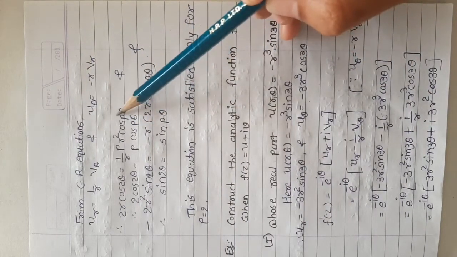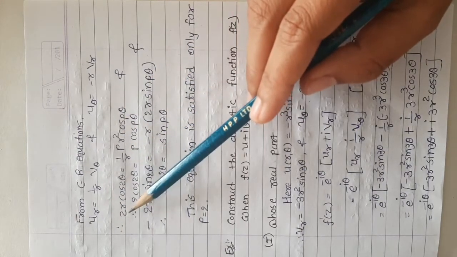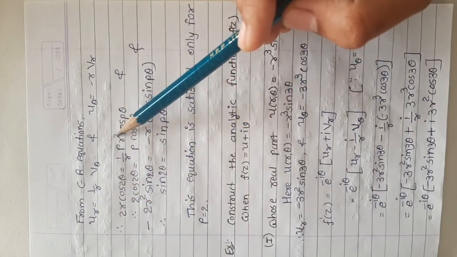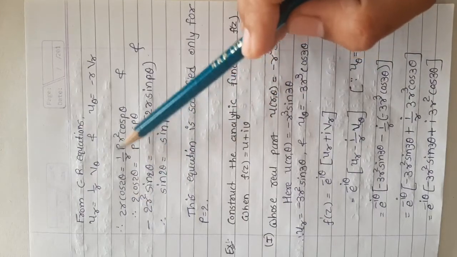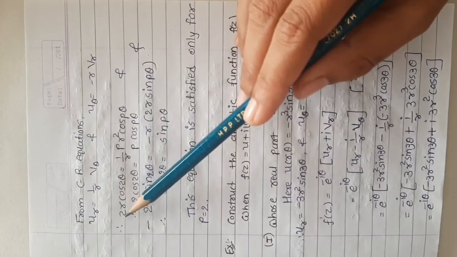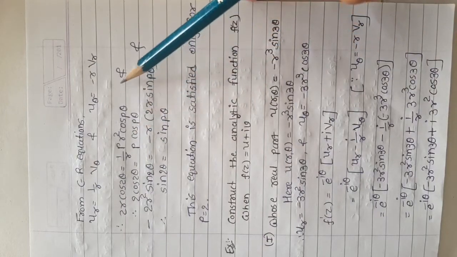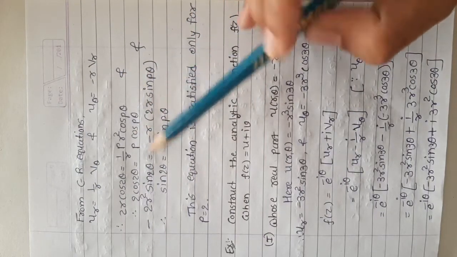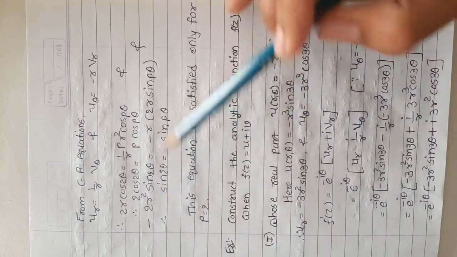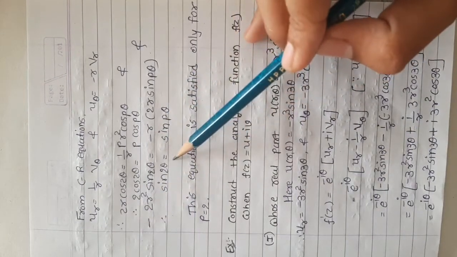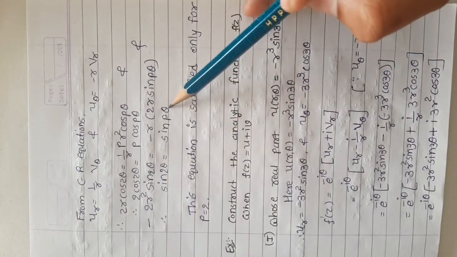Now, comparing the values, we have r cancel out, and these also cancel out. So we have 2 cos 2 theta equals p cos p theta, and minus r square cancels out, 2 cancels out, so sin 2 theta equals sin p theta.